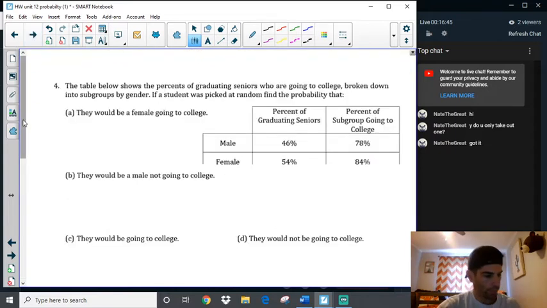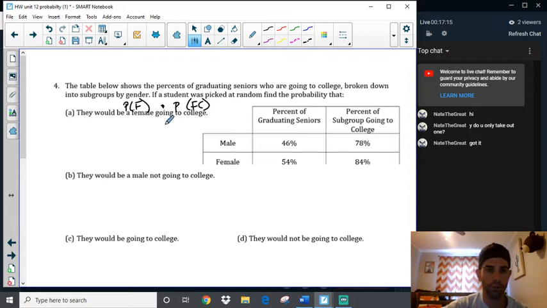Okay, now let's go over to a table. Okay, reading from a table now, very similar. So the table shows the percent of graduating seniors who are going to college broken down into subgroups by gender. If a student was picked at random, find the probability that they would be a female going to college. So a female and going to college. So you need to know, well, how many of them are female, and then how many of those females are going to college.